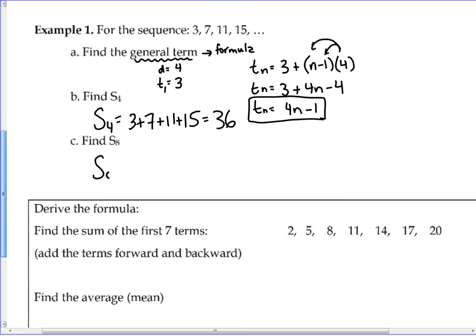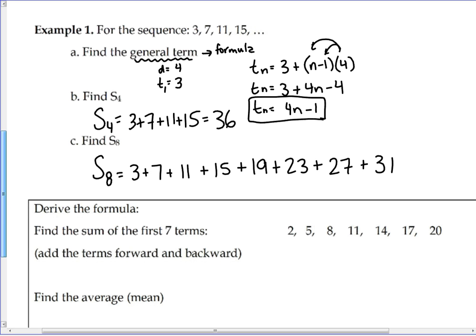In order to find the sum of the 8 terms, what would we have to do? Just continue the sequence. Okay, what's after 15? 19, 23, 27, and 31. Okay, we already know this, right?